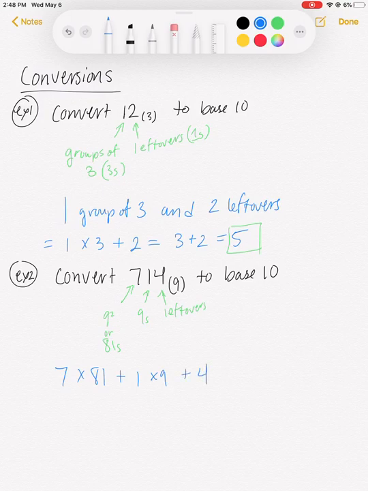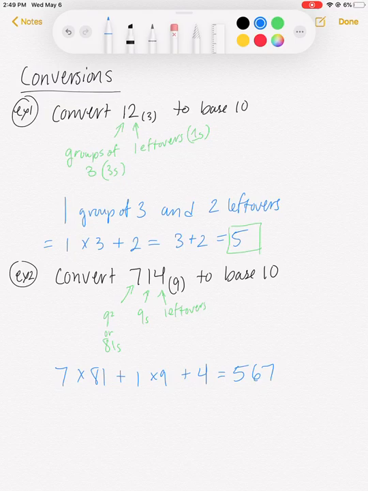So that's going to equal 7 times 81. Now I don't know that offhand, but maybe I can figure it out. 7 groups of 81, so I have 7 groups of 80 and 7 groups of 1. So 7 groups of 80 is 560, and 7 groups of 1 is 7, so we have 567. And this kind of mental math you'll learn later on when we get to multiplication.